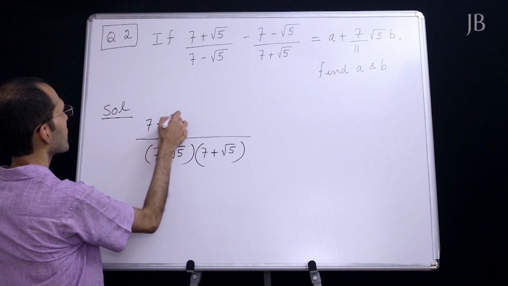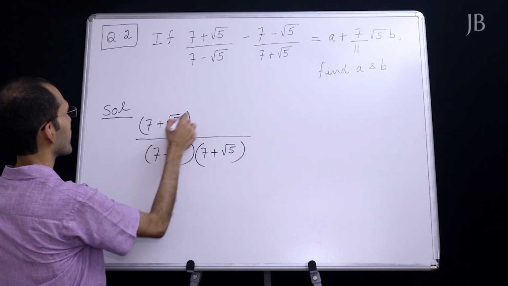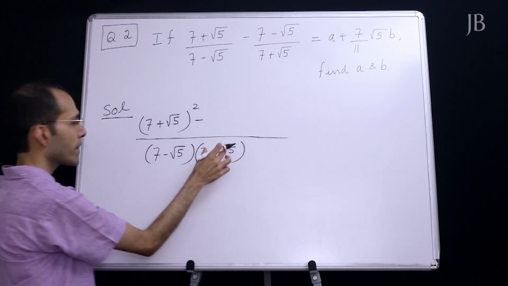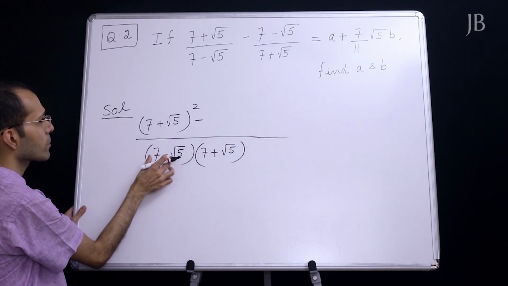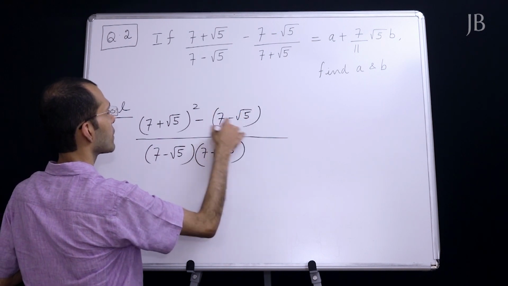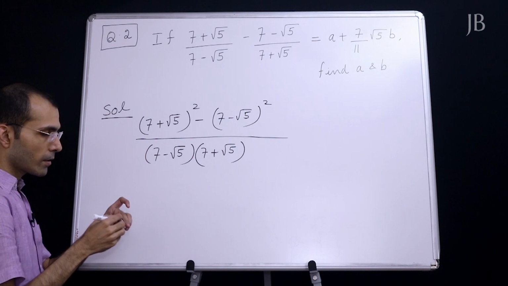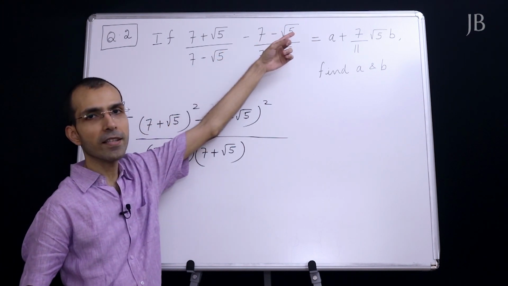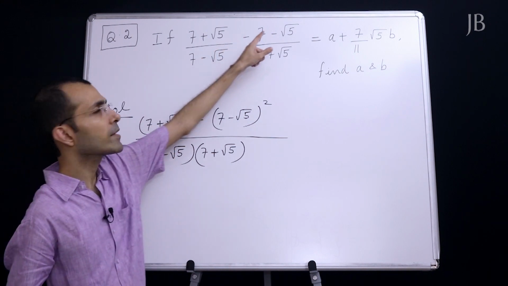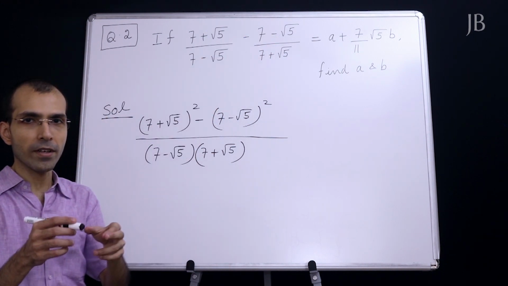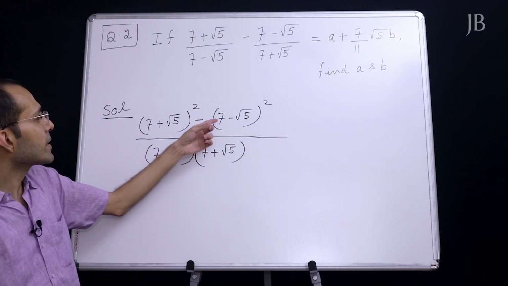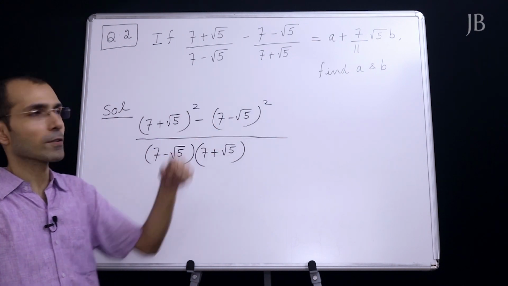So you will get 7 plus root 5 the whole square, minus, this 7 plus root 5 is already here, so the 7 minus root 5 will get multiplied by the numerator. So the whole square. Why the whole square? Because 7 minus root 5 is already there. So 7 minus root 5 into 7 minus root 5 will naturally be 7 minus root 5 the whole square.